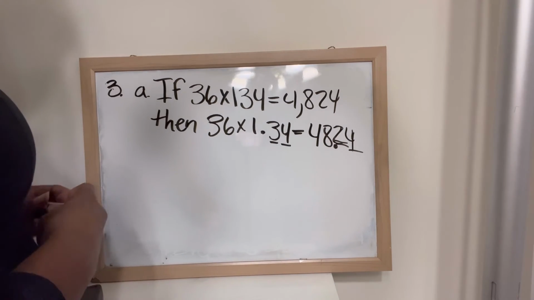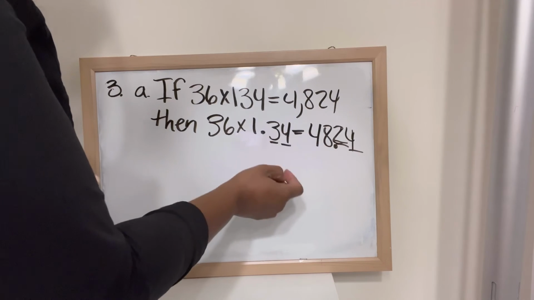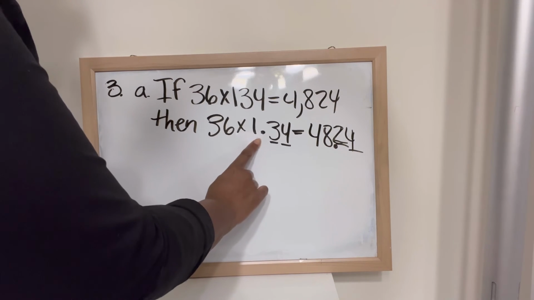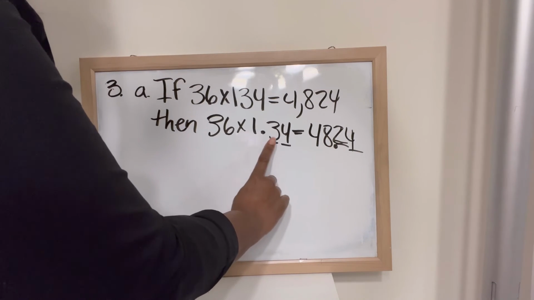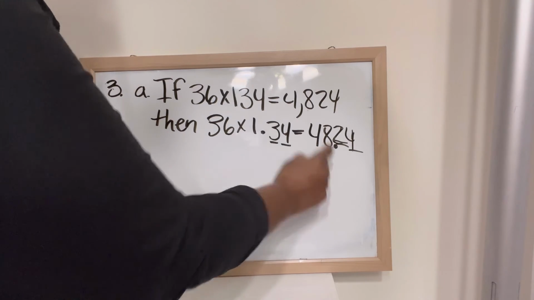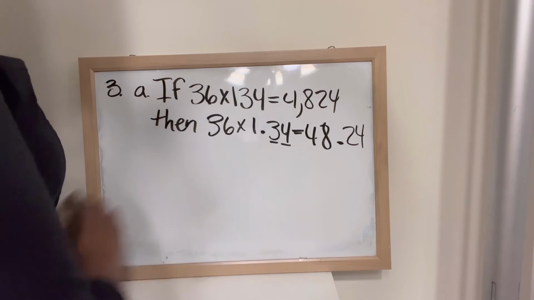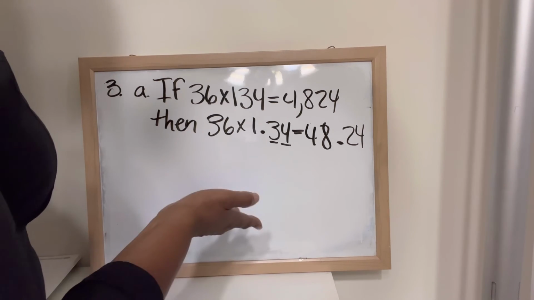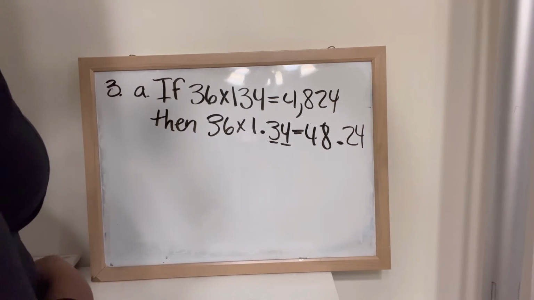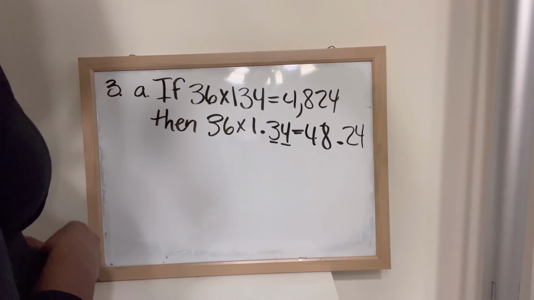Basically the digits remain the same, but because you multiplied with a hundredths number, you have to indicate that in the product. So the students will write an explanation on what they did and why they chose to write 48 and 24 hundredths.